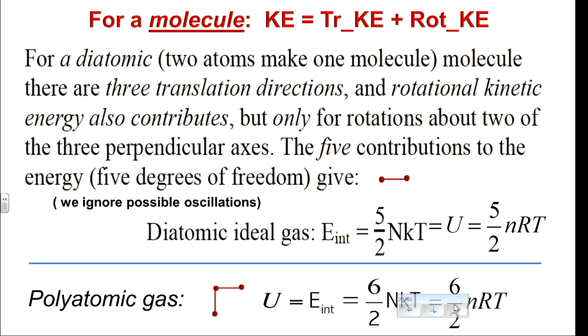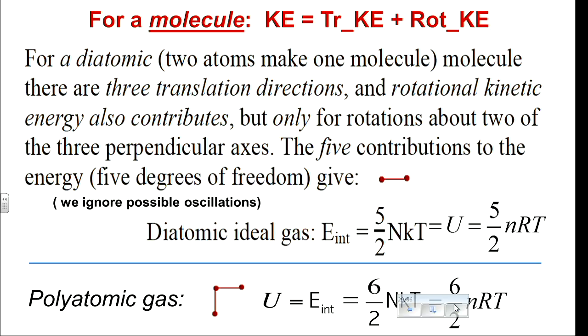This number has a name, the number of degrees of freedom. It has 5 degrees of freedom: x, y, z, rotation number 1, rotation number 2, 5. And all other gases, CO2, for example, or something more complicated, they have 6 degrees of freedom: x, y, z, first axis of rotation, second axis of rotation, third axis of rotation.